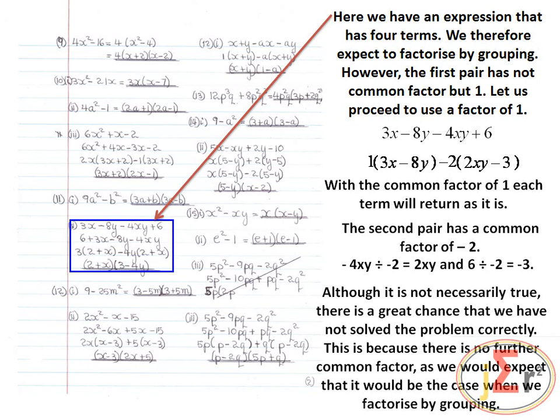So, factorization by grouping, we expect that we should be able to continue. We cannot continue in this case, therefore we expect that something is wrong, but not necessarily. What we could do though is take another approach to the problem in which the terms are rearranged and see what will be the result of that.